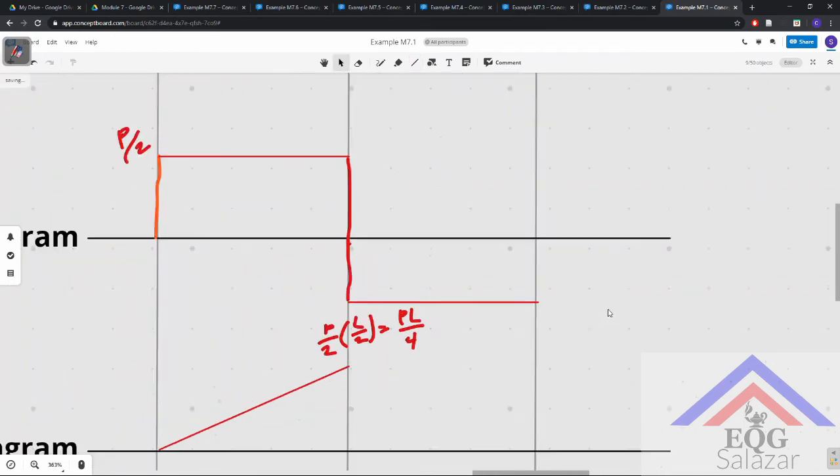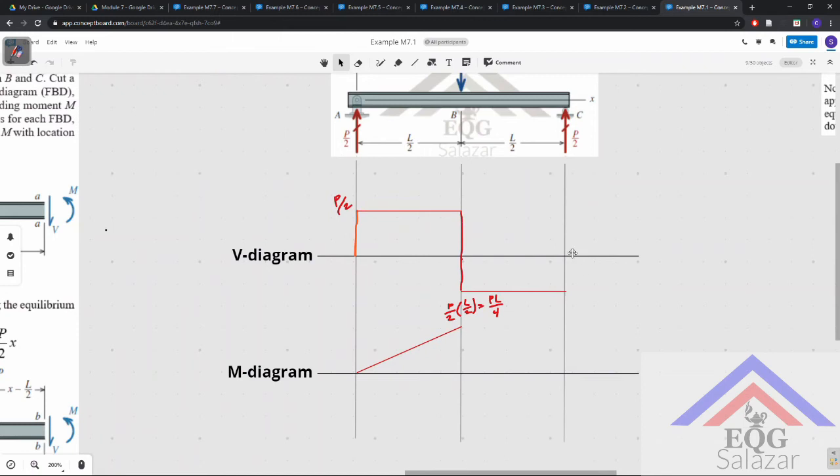And then at this point, it goes up. It's supposed to close. So this is negative P. Let's do that one more time. Negative P over 2.